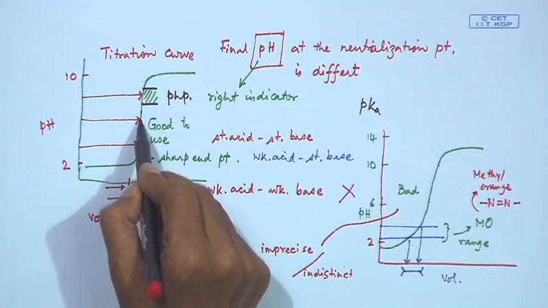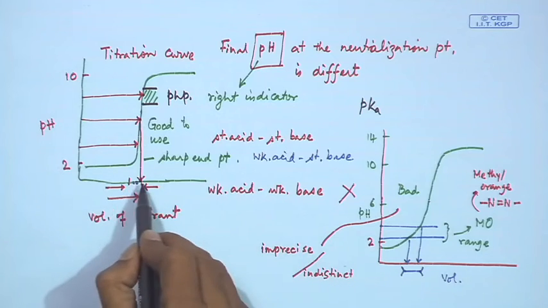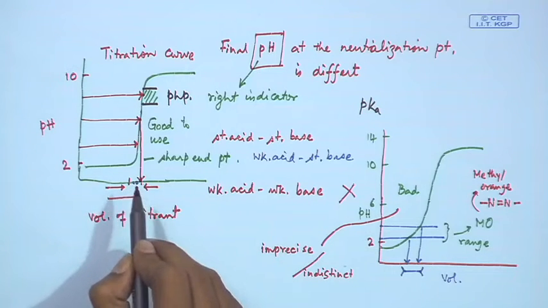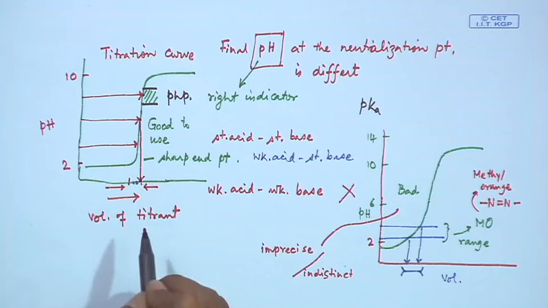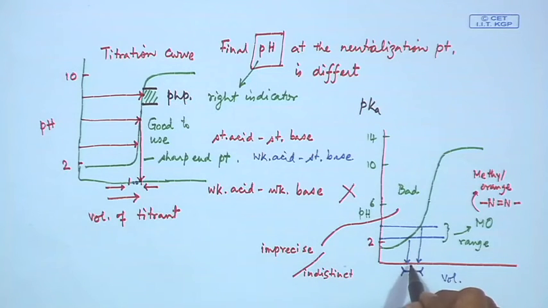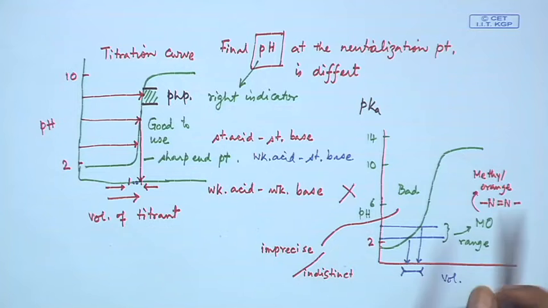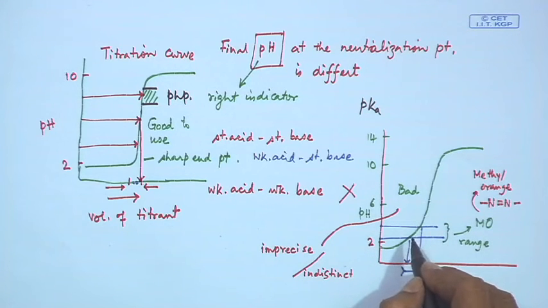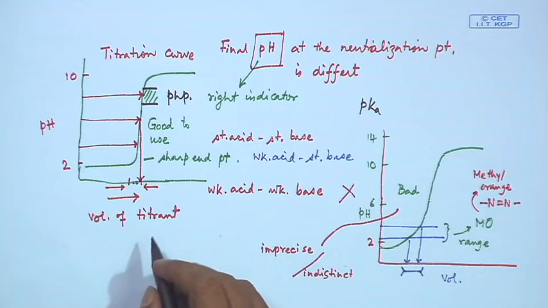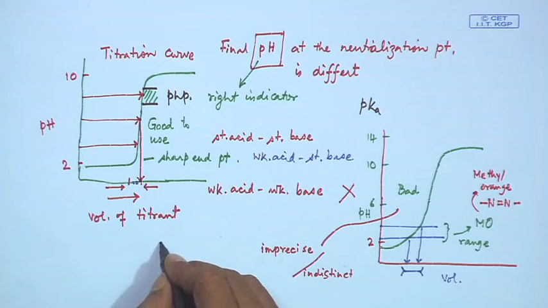But you see the difference from this point to that point is only within a range of 1 drop of the titrant being added. But in this particular case it is not, it can be milliliters. So, this milliliter range of error will creep in if we use methyl orange as the indicator. We cannot afford that for this particular type of titration, and we will consider this as an indicator error.